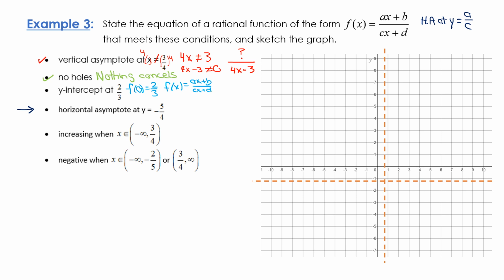I'm going to put a 0 in there for those x's. F at 0 is going to equal (a times 0 plus b) over (c times 0 plus d). So that leaves us with b over d. So f at 0 is 2/3, and f at 0 is also b over d.